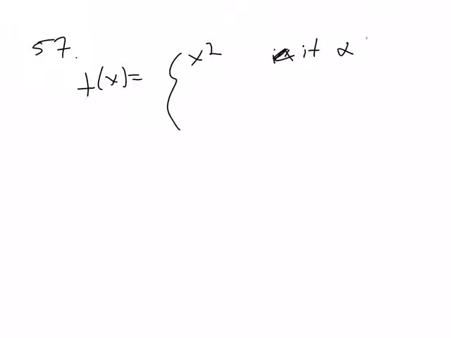Okay, now problem 57, which says, f(x) equals x squared if x is rational, if x is an element of the rational numbers, rational numbers being Q, and it's going to be 0 if x is not an element of the rational numbers.